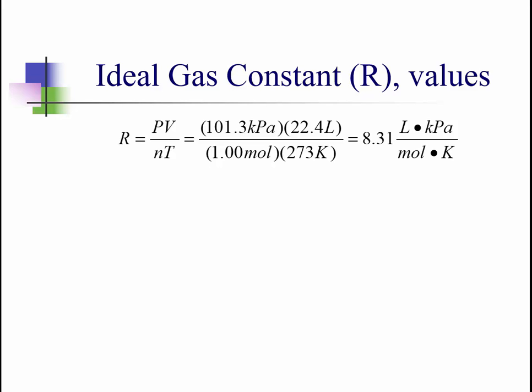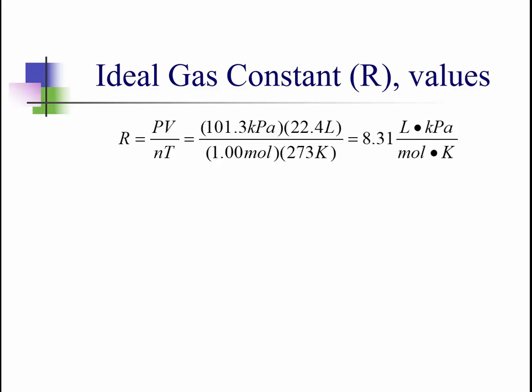So calculating R, if we have PV equals nRT, to solve for R, all we have to do is divide by nT, right? So we have PV divided by nT. So we have 101.3 kPa times the 22.4 liters, divided by 1 mole, which is also divided by 273 Kelvin.